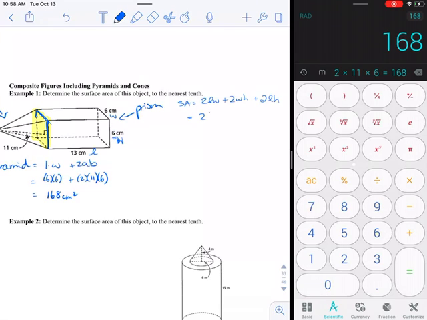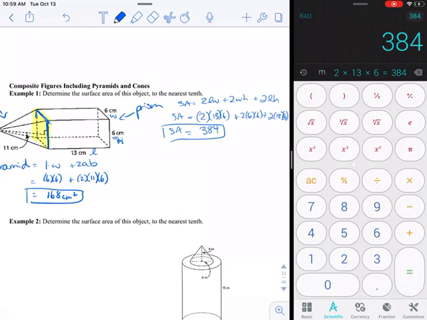So 2 times 13 times 6 plus 2 times 6 times 6 plus 2 times 13 times 6. All of that comes out to 384. So we have this value, 384, which is the prism. We have 168, which is the pyramid.